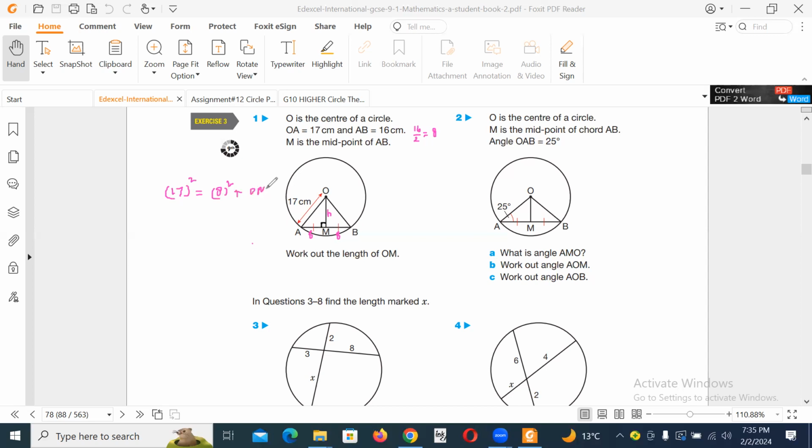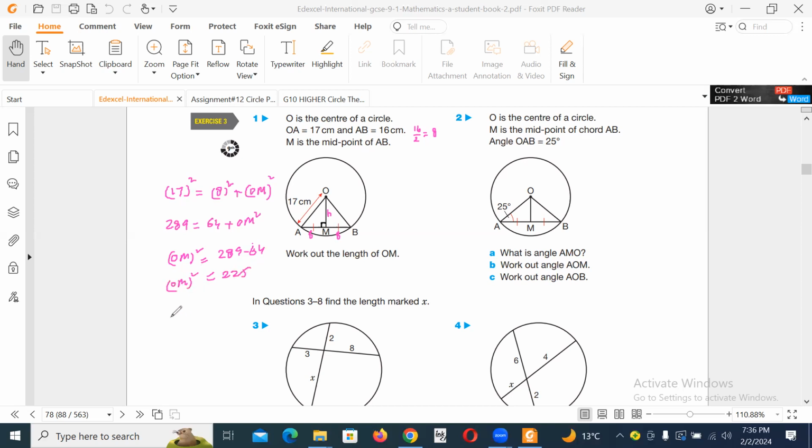We don't know OM, the height. So 17 squared gives me 289, equal to 8 squared, 64, plus OM squared. So OM squared is equal to 289 minus 64, which is equal to 225.